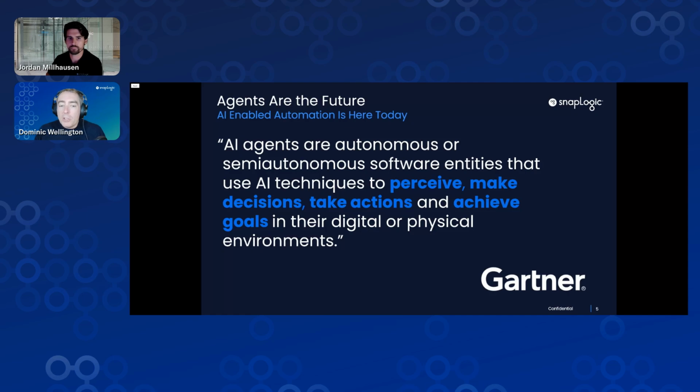It says AI agents are autonomous or semi-autonomous software entities that use these AI techniques to perceive, make decisions, take actions, and achieve goals in their digital or physical environments. So they're not just following a script that we give them, but they're actually going out there and trying to achieve some sort of goal that they've been given by making decisions in real time.